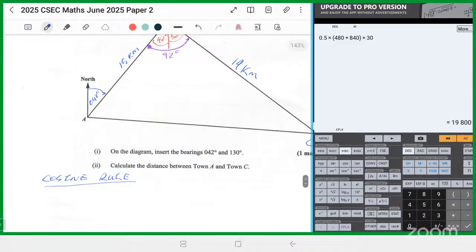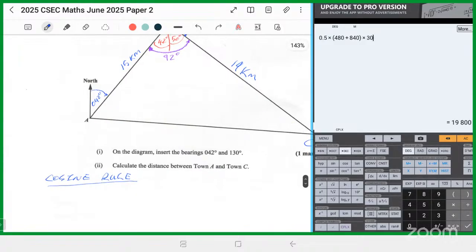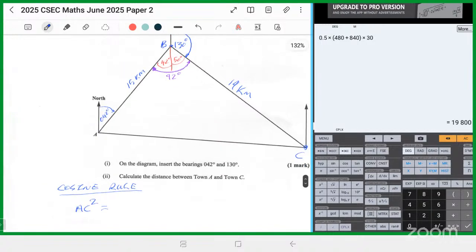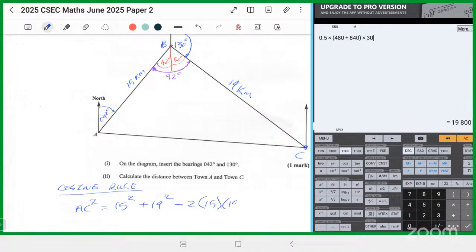All right, and so the side over here is c squared. It's equal to, like Pythagoras' theorem first, 15 squared plus 19 squared. That if this was the right angle, that's what it would be. So we'll subtract a piece. We subtract twice the product of the two sides, and the cosine of the angle between them, which is 92 degrees.